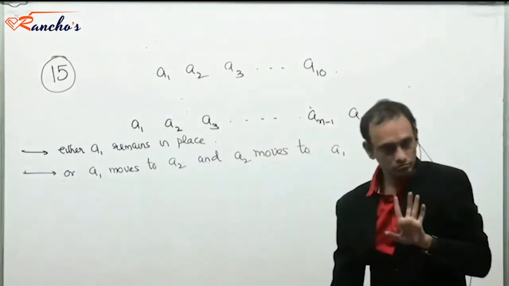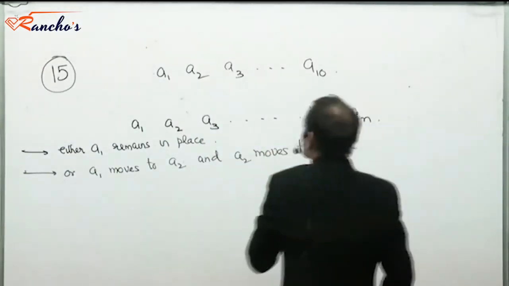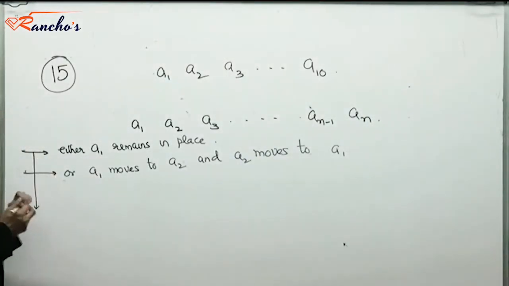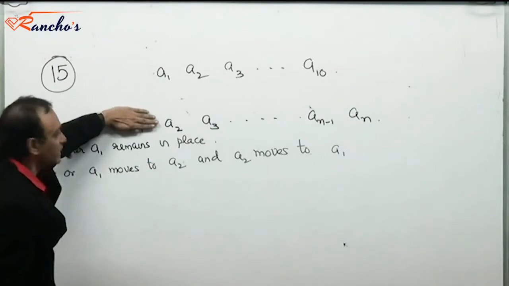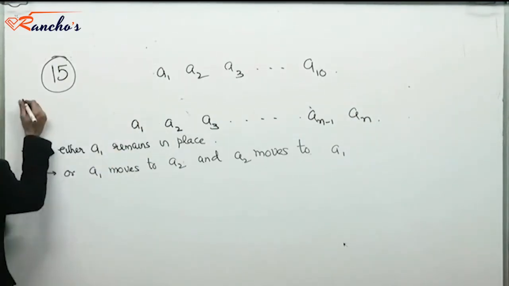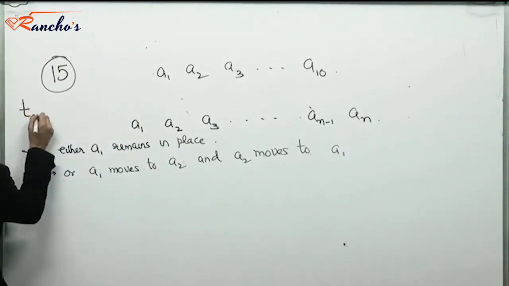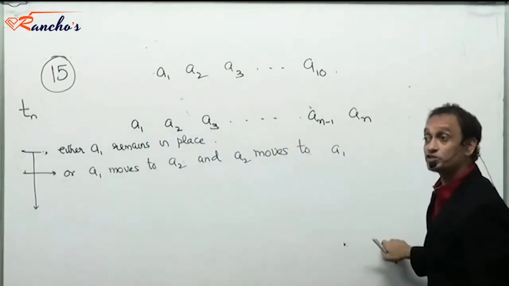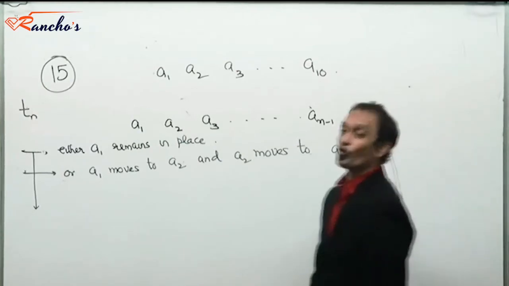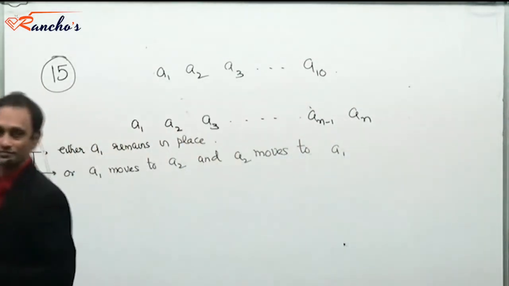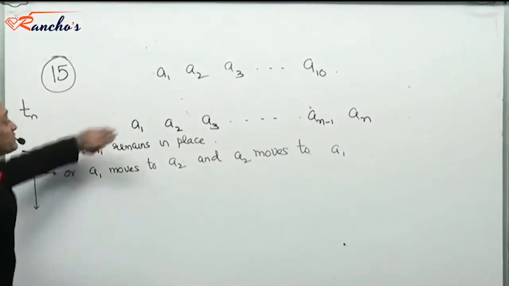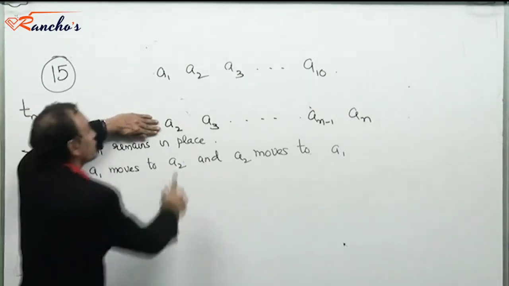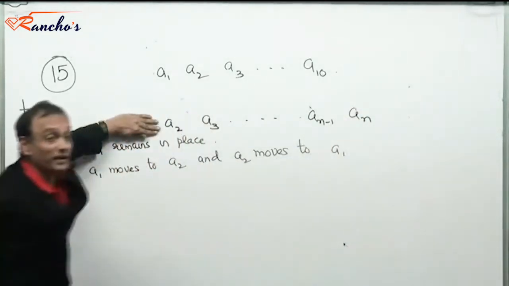Yes or no? Now, suppose A1 remains in position. Suppose if there are n children, there are Tn ways of rearranging all of this. Which means if A1 is in position, then how many children are left? n minus 1.